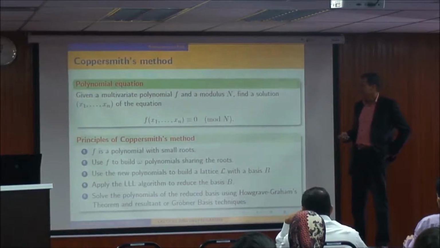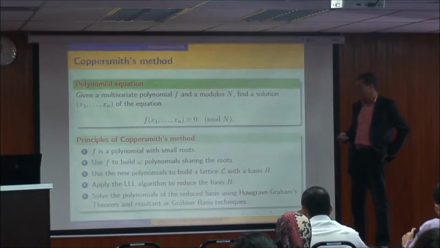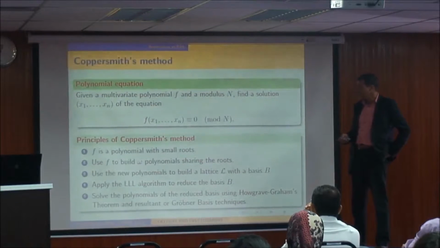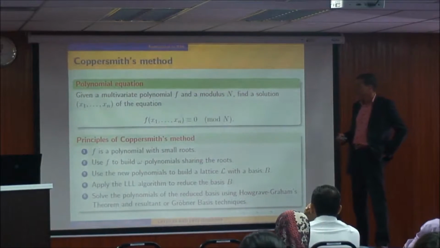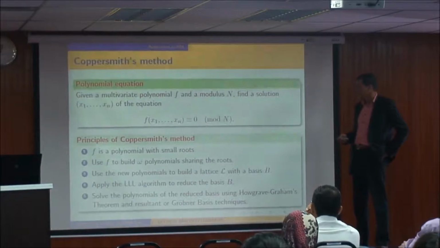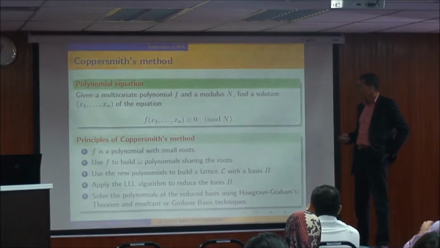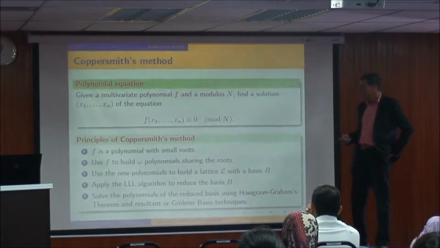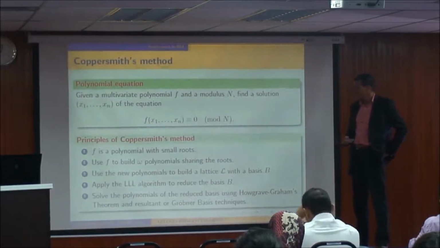For example, we can apply the LLL algorithm to solve this equation where f is a polynomial with n variables, and we need to compute the smallest solutions of this polynomial equation modulo n.